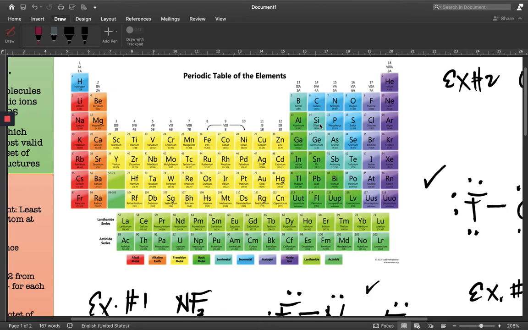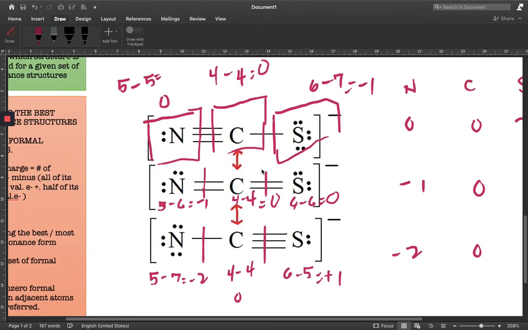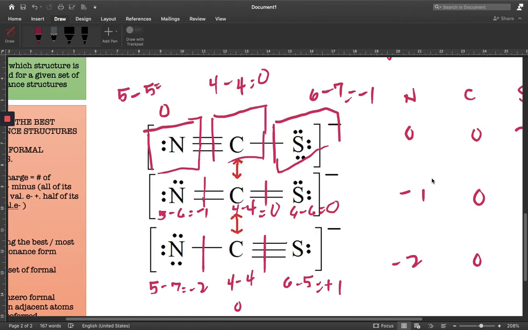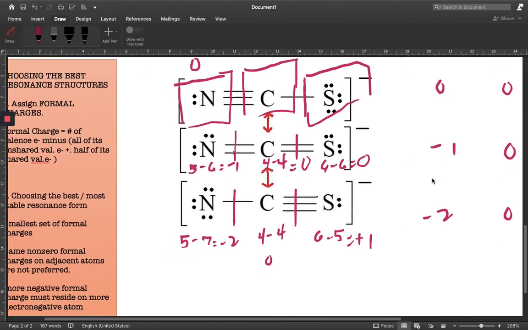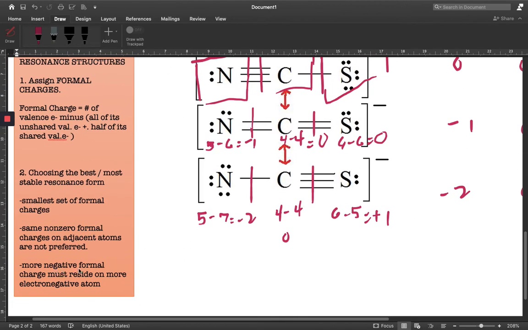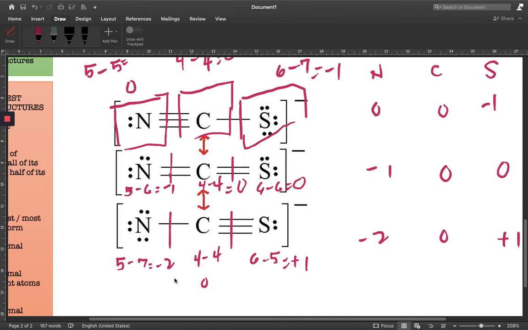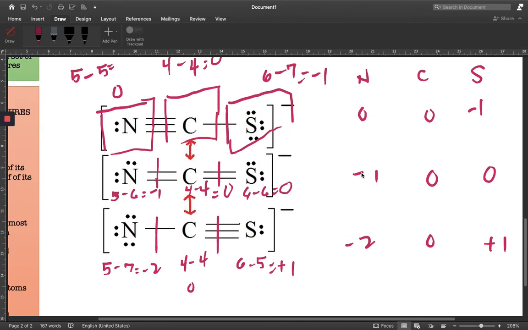So if you go back to your resonance structures, in trying to fulfill the third condition, wherein it asks for the more negative formal charge must reside on the more electronegative atom, we now know that the more electronegative atom is nitrogen, right?